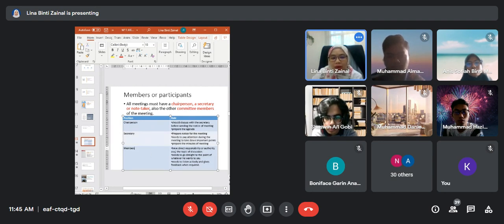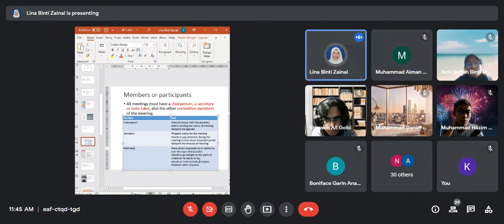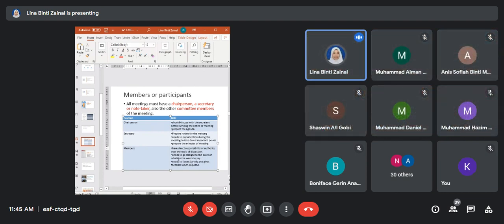Okay, as for the members, you have direct responsibility or authority over the topic of discussion. You need to go straight to the point of whatever you want to say, and you need to listen actively and give feedback when required, meaning that you have to actively participate in the meeting, as in if you are discussing about a plan, you need to listen and decide whether you want to agree or disagree.